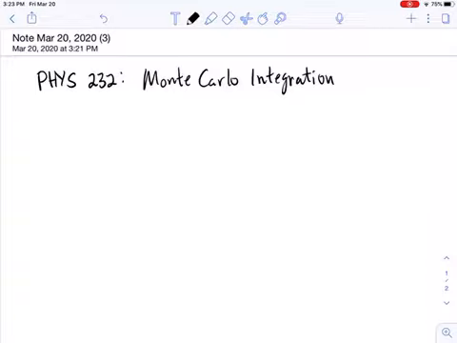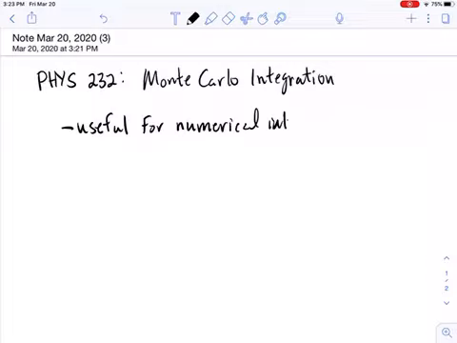So let's see how the Monte Carlo method works. So first, just a general comment that they're useful for numerical integration. And we're going to see an example of that today in this video.